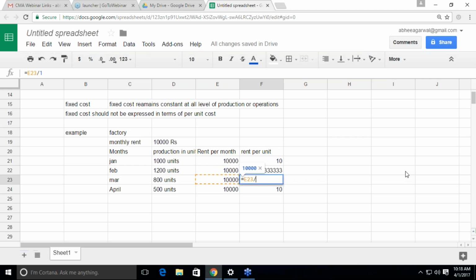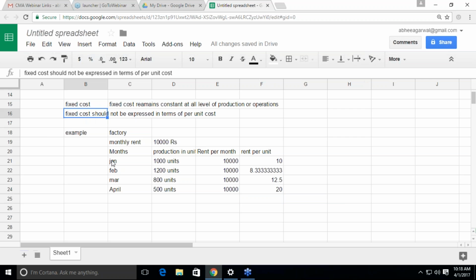Then 10,000 divided by 800, it is 12.5. Then 10,000 divided by 500, it becomes 20. So rent per unit every month is coming different. It's not coming same. So that means if you express fixed cost per unit, this figure will mislead you. We should not express fixed cost on per unit basis.